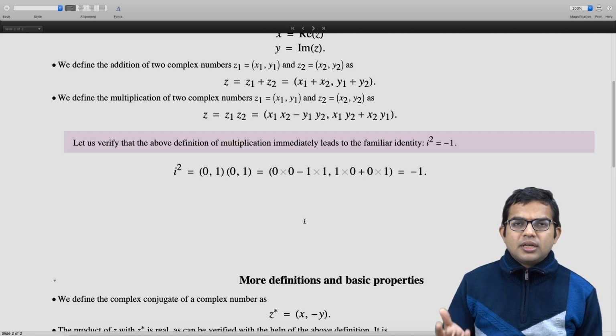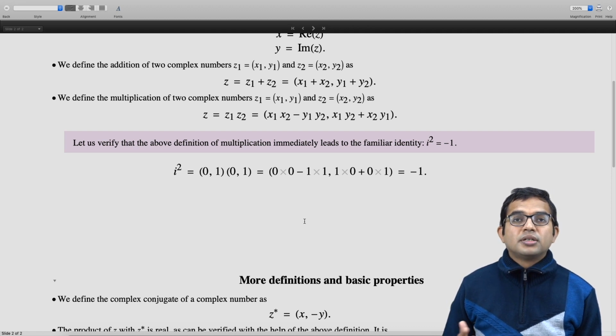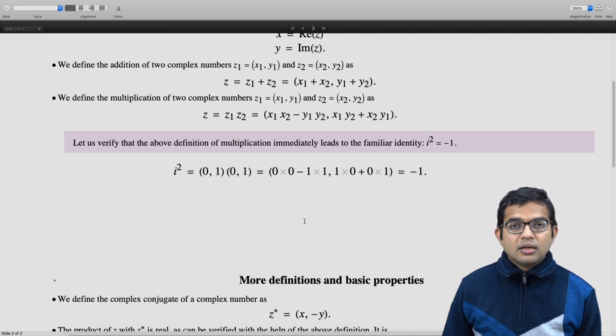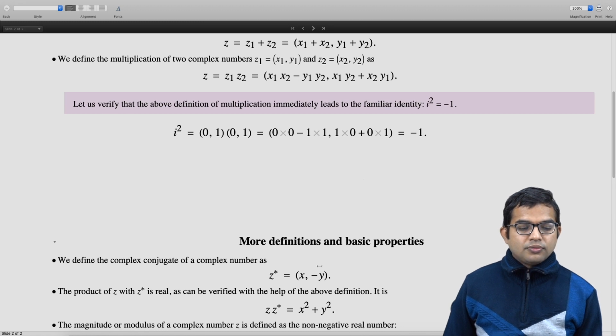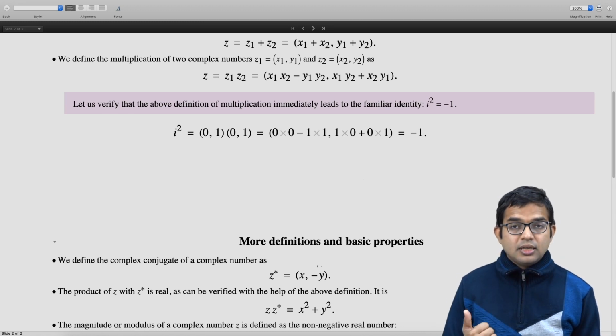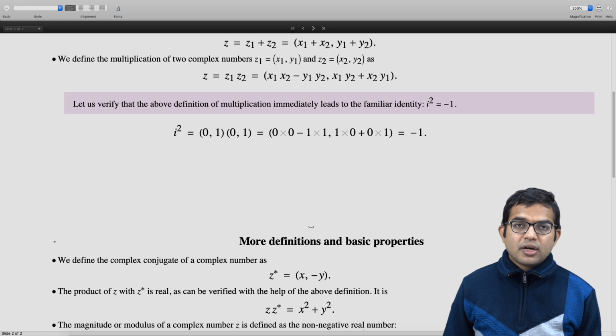But even otherwise, when simple operations involving complex numbers are involved, the notion of a complex conjugate has great utility, right? So the product of z with z star is real, and this can be verified from first principles if you want by invoking the definition of multiplication.